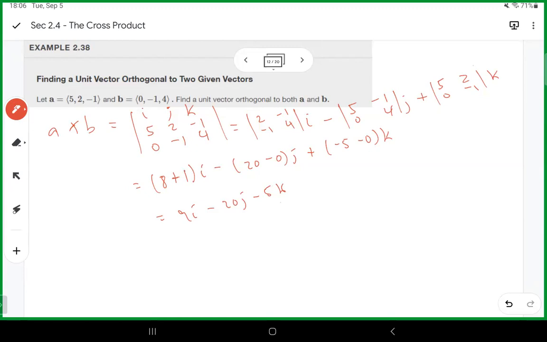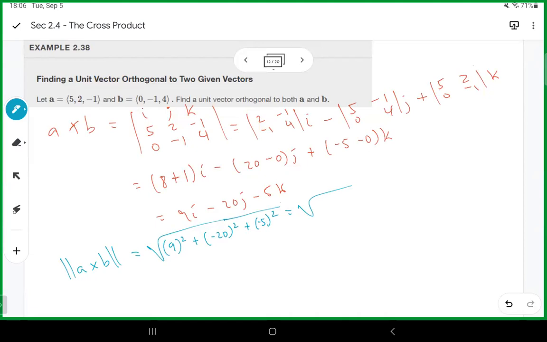Then what you have to do is normalize the vector so that it's in the same direction. So we have to find the magnitude. I can tell you that the book answer is wrong because they did not take -1 times -1 correctly.